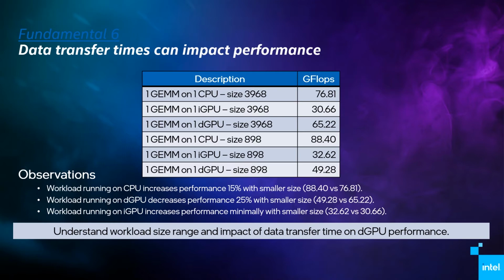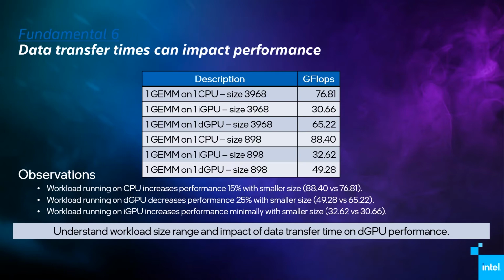On the discrete GPU, I actually saw performance go down with the smaller size. That was very interesting. The performance was reduced 25% with the smaller size, 49.28 compared to 65.22.